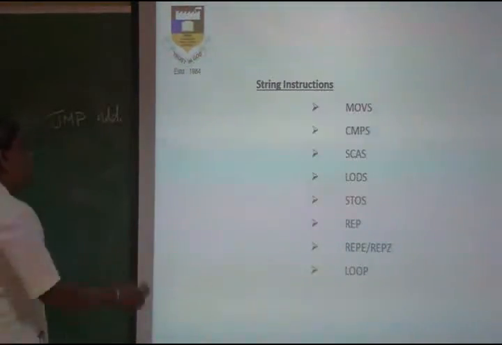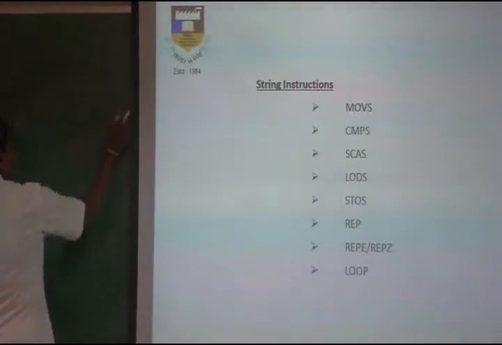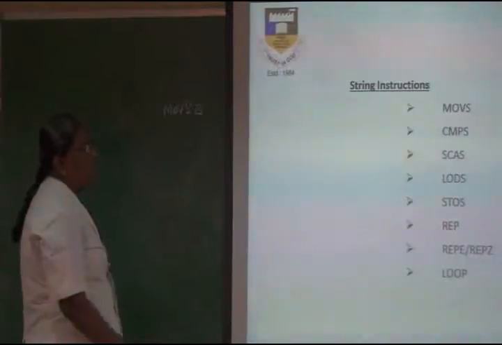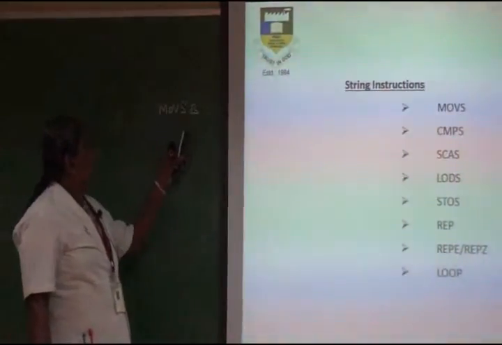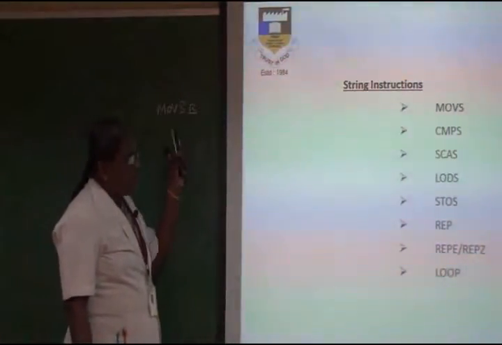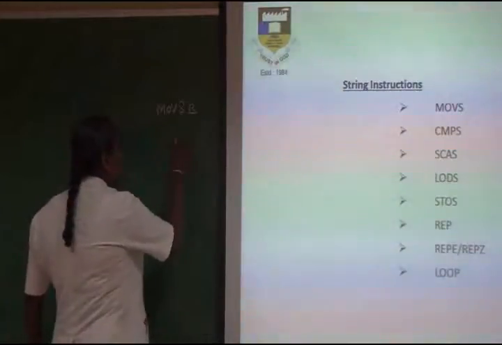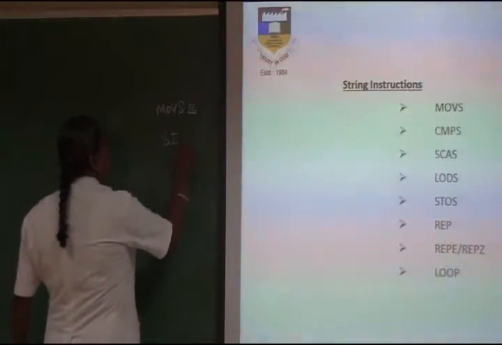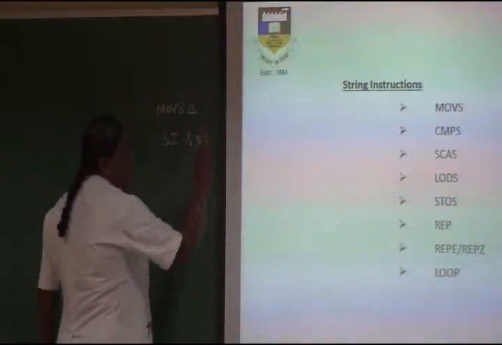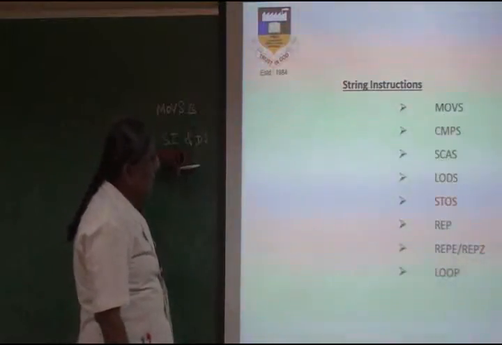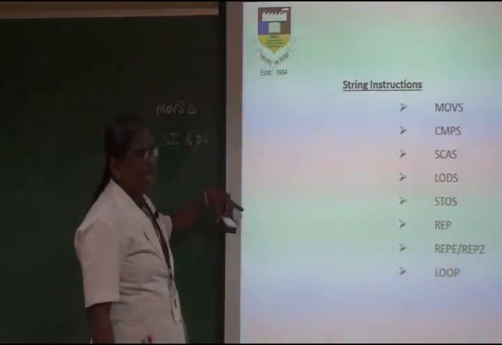So move 8-bit data we indicate by MOVSB. It will transfer the data from source to destination. CMPSB means the SI register and DI register contents will be compared, and the status result will be indicated by the flags.